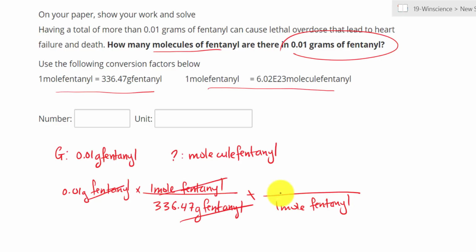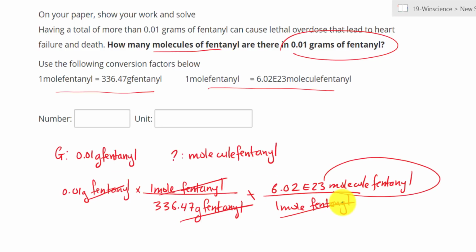In this case, moles of fentanyl cancel out and give us our what? Give us our molecules of fentanyl, which is again 6.02 E23 molecules of fentanyl. And then everything else cancels out, so we get the final unit of molecules of fentanyl.